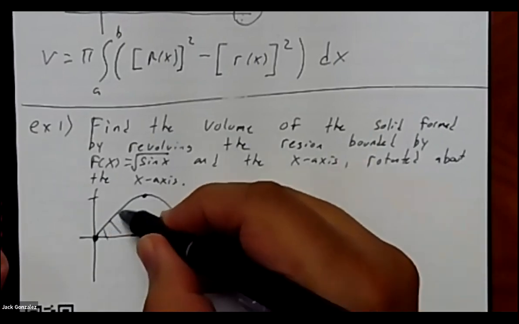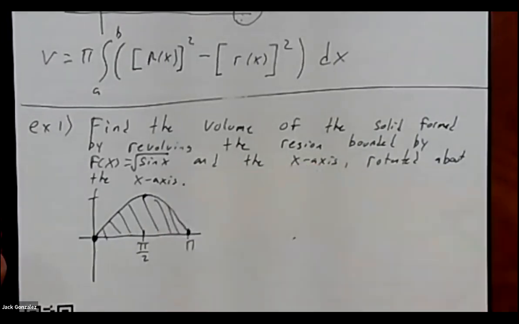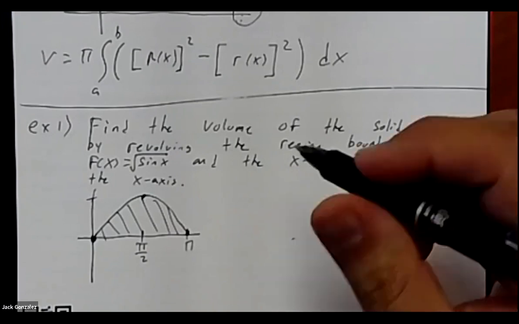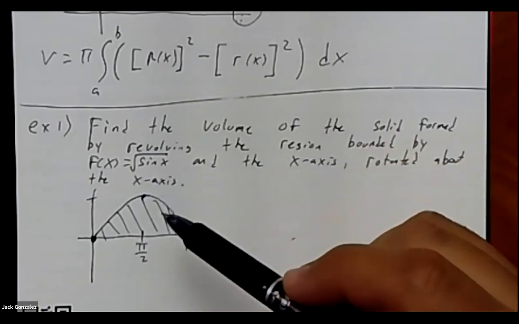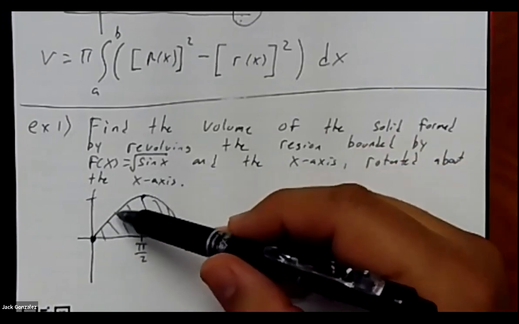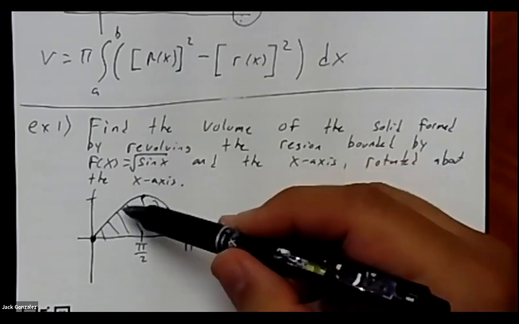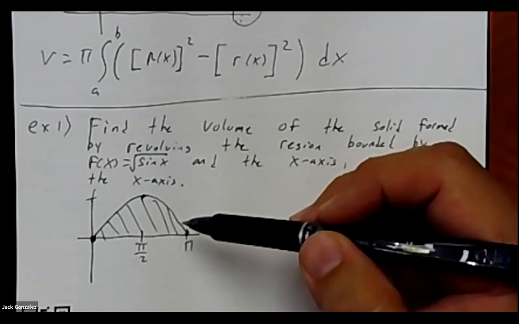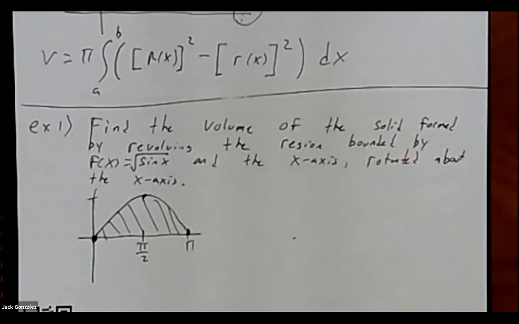So you see why we must choose a vertical slice. If I choose horizontal, I'm going to hit the same graph 2 times, and you can't do that. It needs to be the top of the region, bottom of the region. If the region was oriented differently, and you would hit the right side and the left side without repeating, then you could use either.